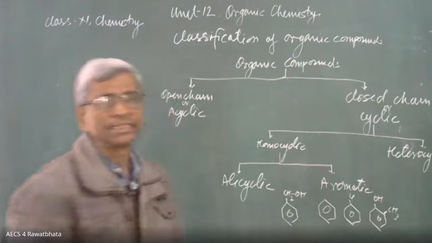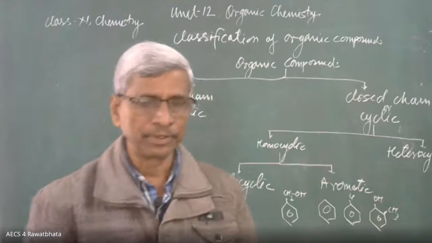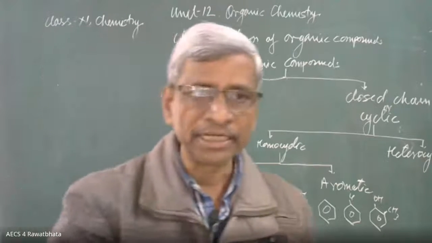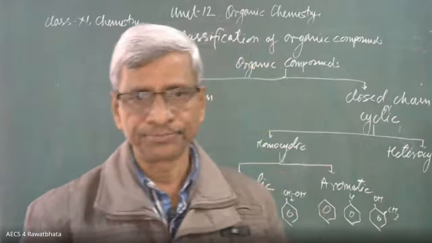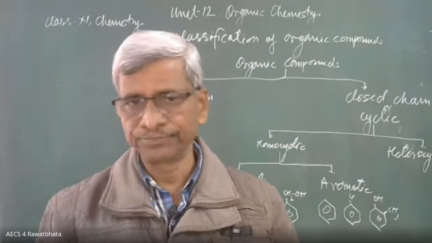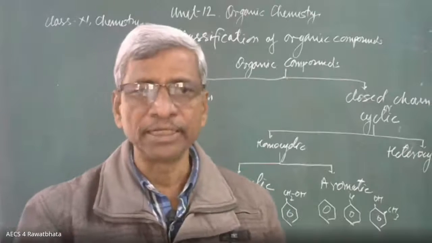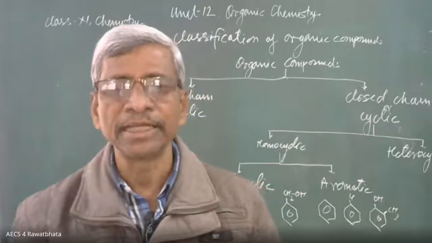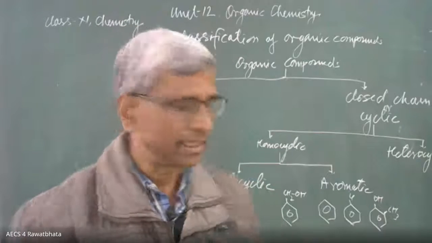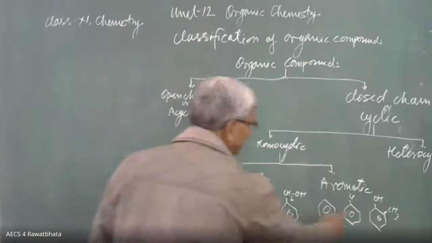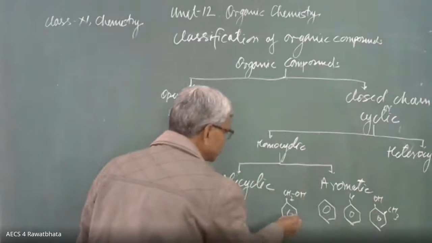This is not treated as an aromatic compound because the functional group is not directly attached to the ring. Only the ring is not enough. If it has some functional group, then the functional group should attach directly to the ring. Then it is treated as an aromatic compound. Here, the first one and the last one are two isomers.